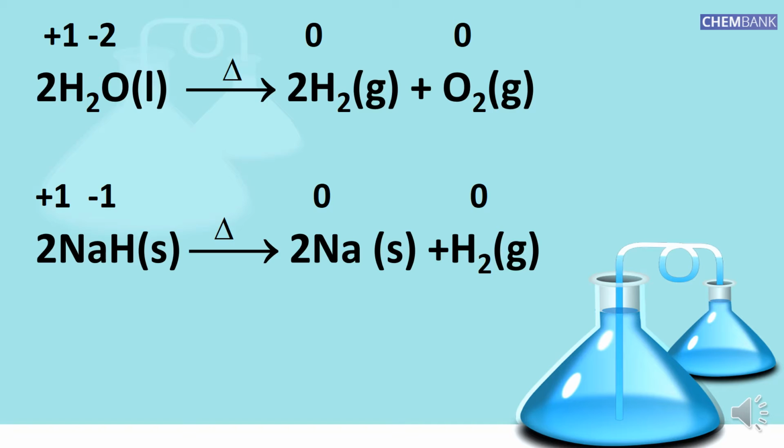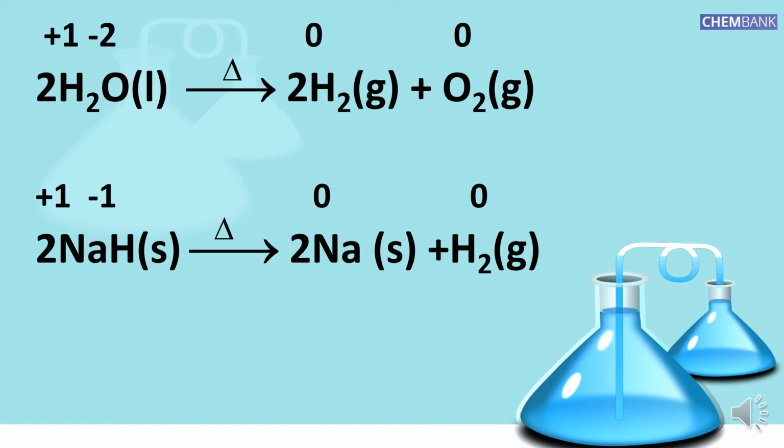Let us see the decomposition reaction of water. Now, in case of water, hydrogen has oxidation number +1. When it decomposes to form hydrogen and oxygen, the oxidation number of hydrogen changes from +1 to 0, and the oxidation number of oxygen changes from -2 to 0.